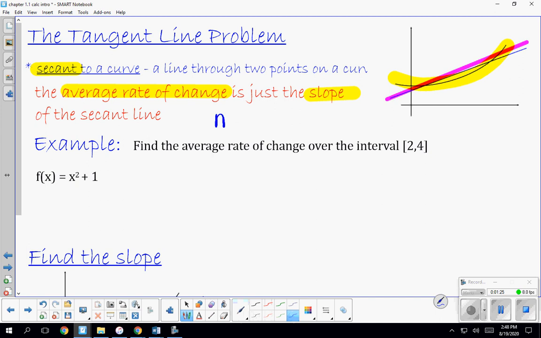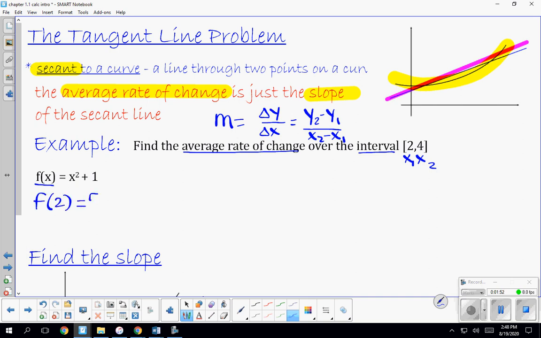Remember slope, we find the change in y over the change in x, where change just means we subtract the 2. That's all that means. So if they ask me to find the average rate of change, that means we're finding the slope. This is an interval, meaning these are both x values, and I need their corresponding y values. So I have to plug them into this function in order to find those. So f of 2, if I plug that in, I'll get 4 plus 1.